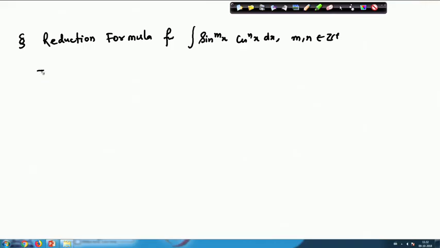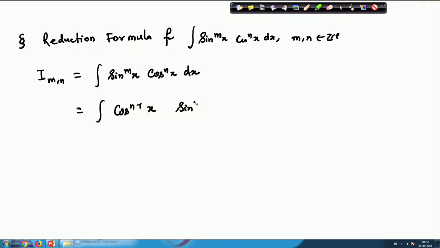To derive the formula, since now we have two integers, I can write I m n as the integral of sin mx cos nx dx. All right, and then we take this whole thing as the product of cos n minus 1 x times sin mx cos x dx.